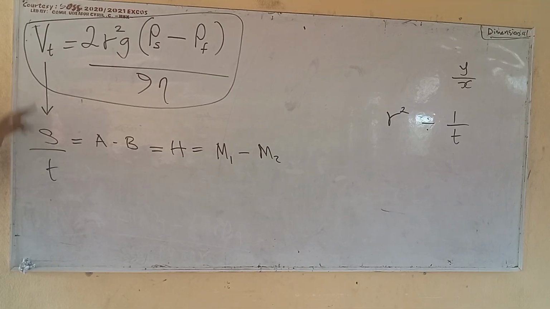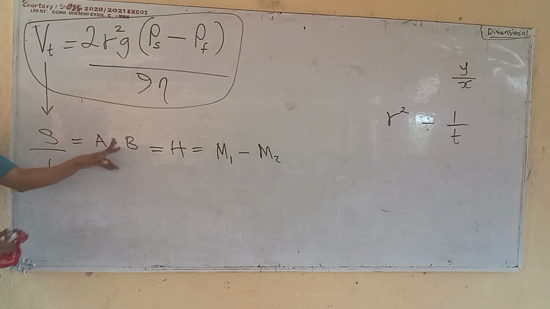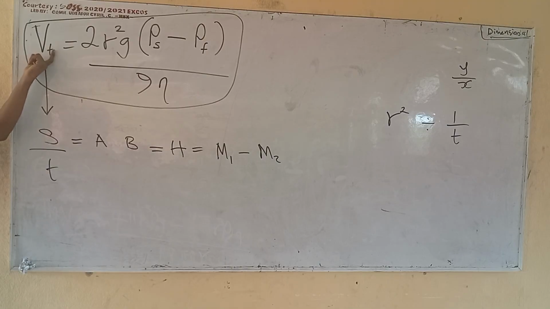So if I put this down instead of vt, or even they can say it's just AB, whichever one. Now what I'm saying is that because the graph given to you is that of 1 over t, normally this practical is the type where you do velocity against r squared. But now they've told us that we are to do r squared against 1 over t.